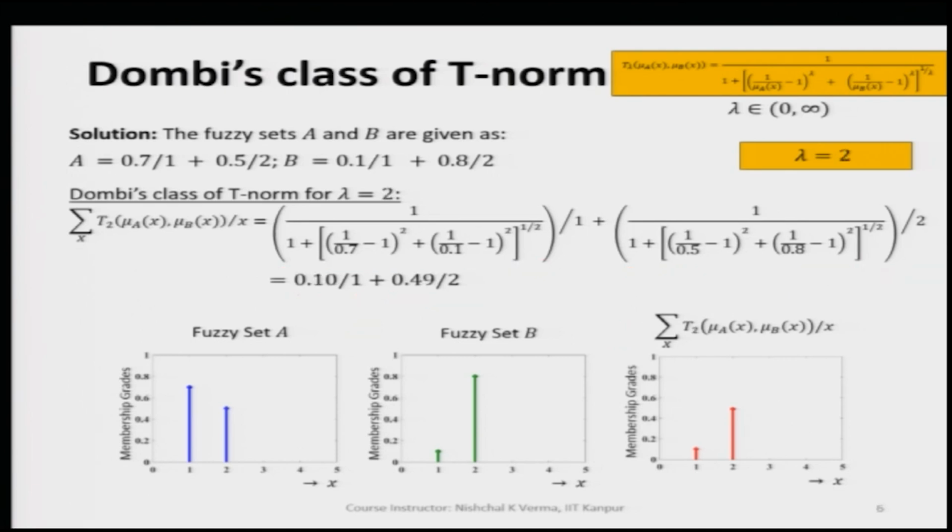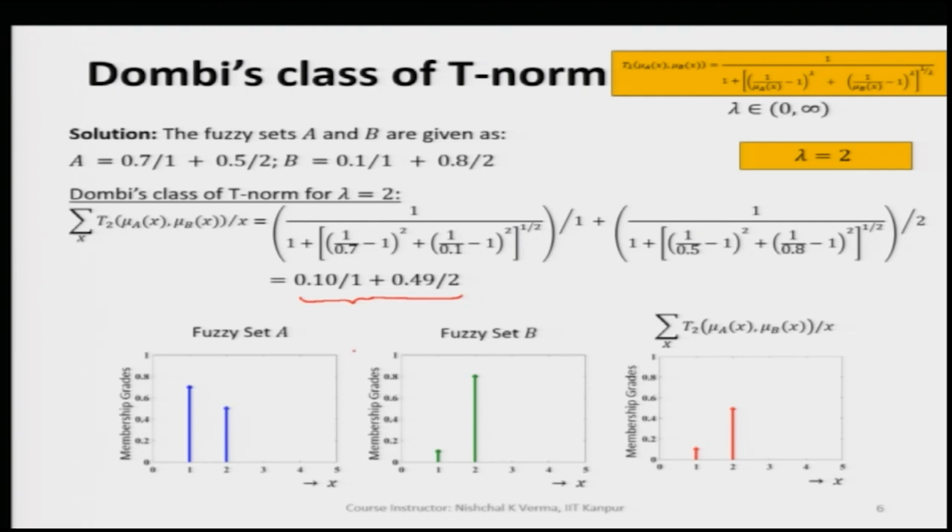When we take lambda equal to 2, we get the intersection of A and B as a fuzzy set whose elements are 0.1 over 1 plus 0.49 over 2.